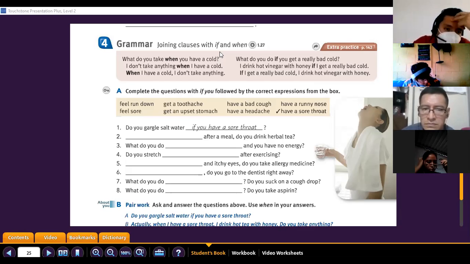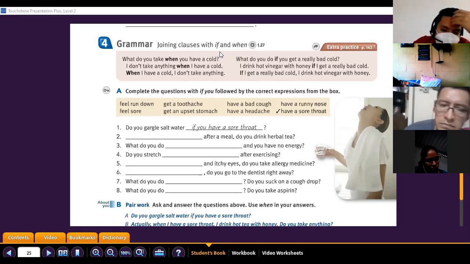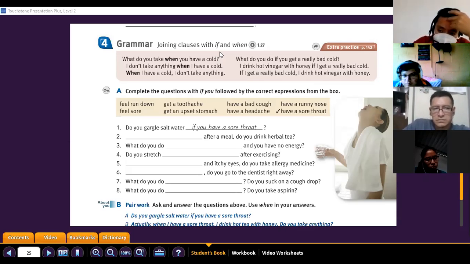Maybe, but after a meal, después de una comida, después de un desayuno, de un almuerzo y una cena. Another possibility? If you get an upset stomach.